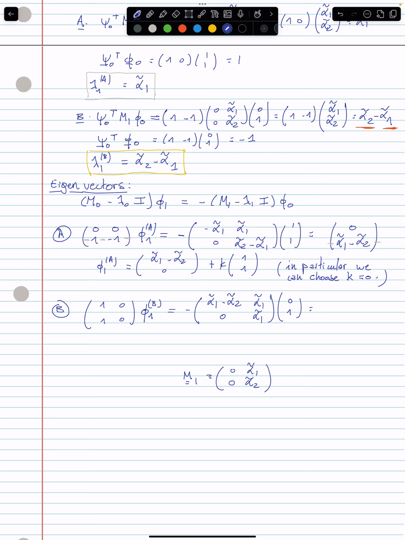All right. So we obtain alpha 1 and minus alpha 1 and minus alpha 1. Okay, let's write it like this. This is more clear.